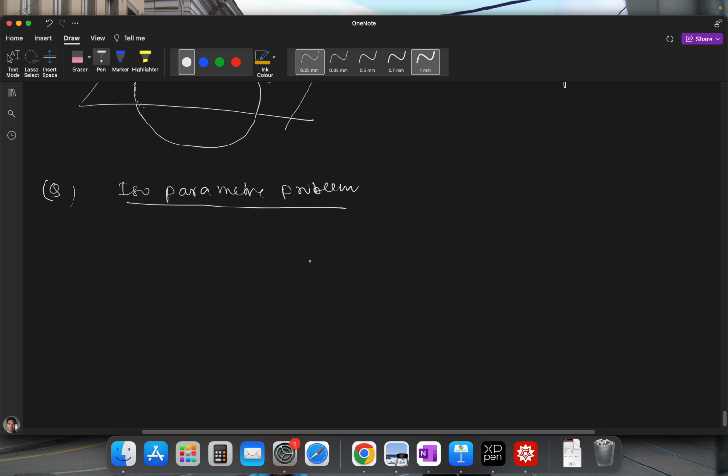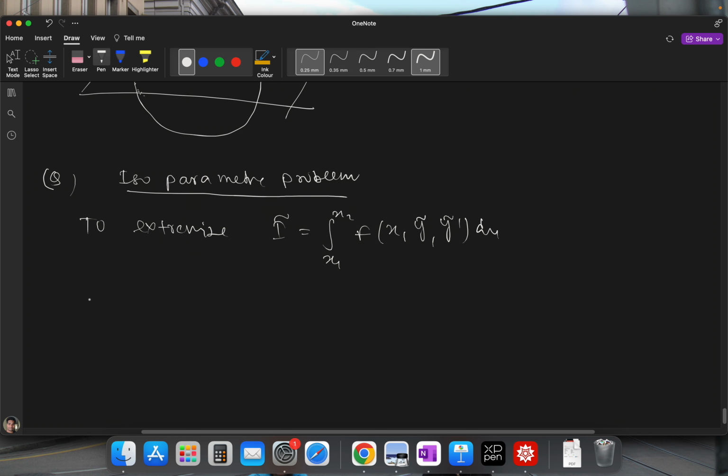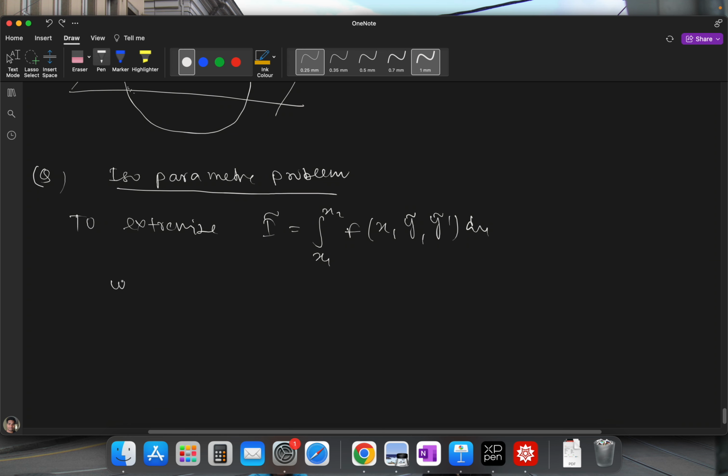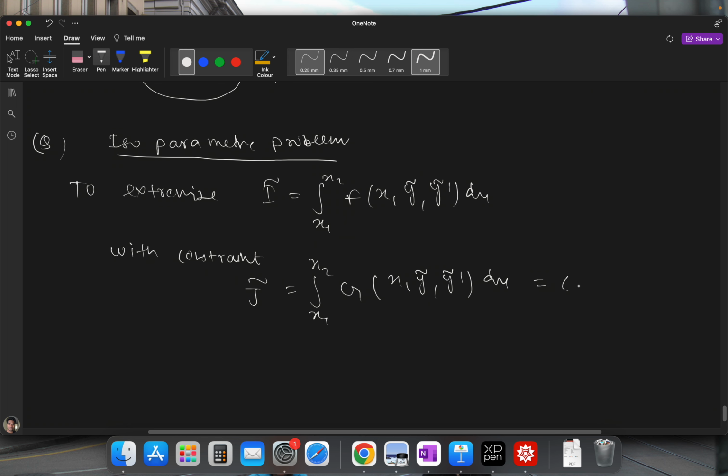This isoparametric problem is constraint optimization, where we have to extremize I tilde equal to the integral from x1 to x2 of the functional f(x, y tilde, y tilde dash) dx, with the constraint J tilde equal to the integral from x1 to x2 of g(x, y tilde, y tilde dash) dx, and this will be a constant.